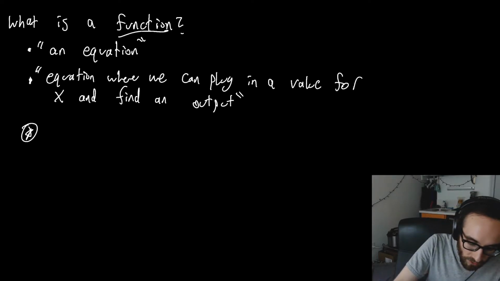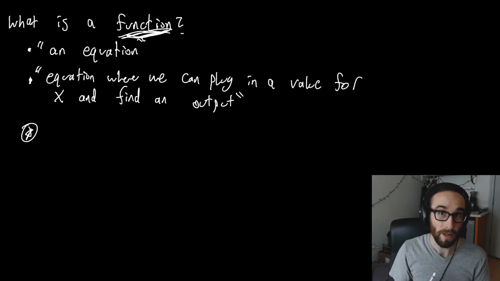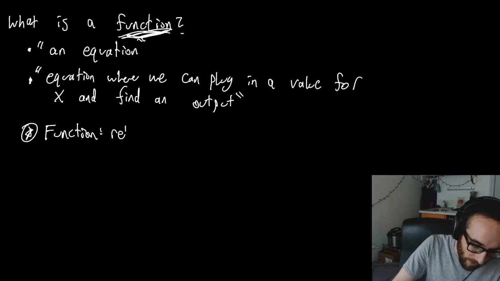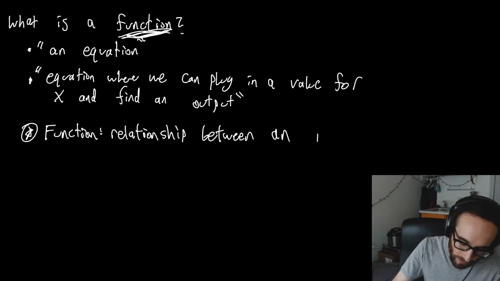Function is actually a very specific word that's describing a very specific relationship. A function is a relationship between two variables. A relationship between an input variable, which we usually call x.